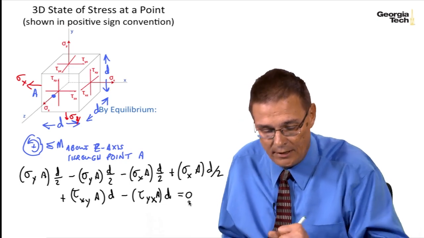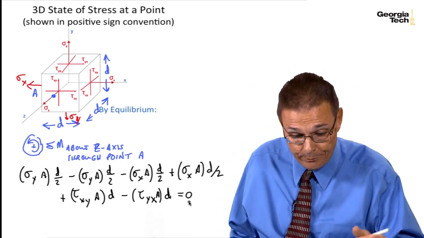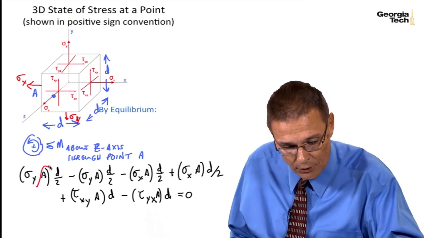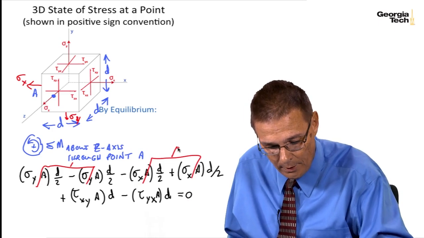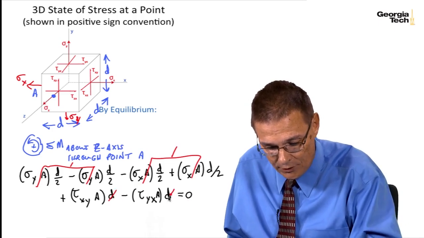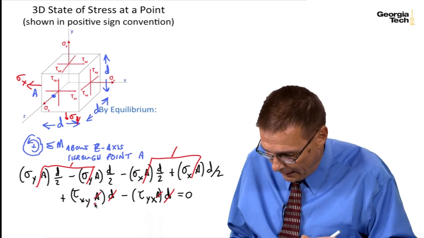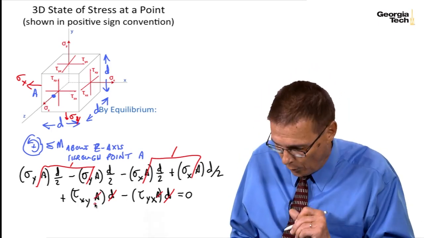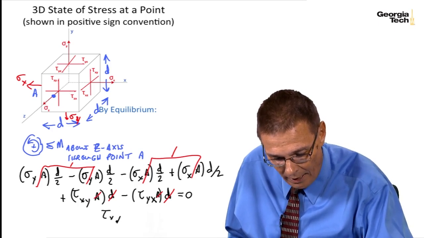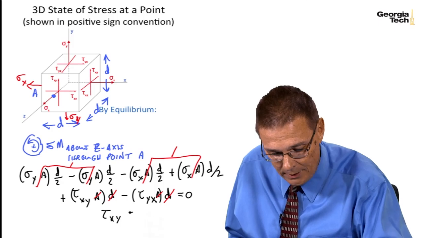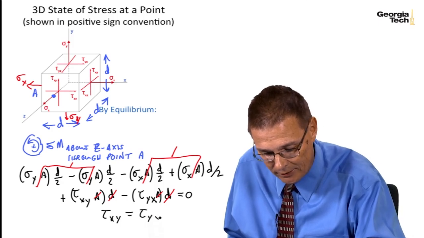And all of that has to equal 0 for equilibrium. Well, we can see here that this term cancels with this term, and this term, the d's cancel, the A's cancel, and what I end up with in enforcing equilibrium is that tau xy has to be equal to tau yx.